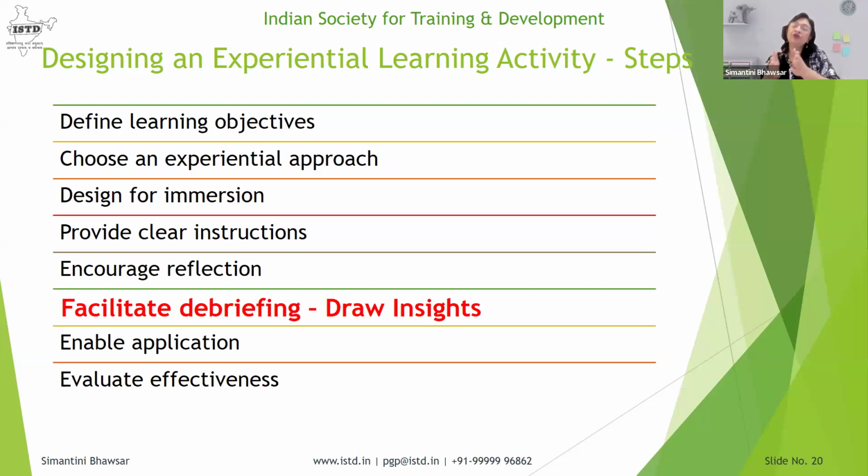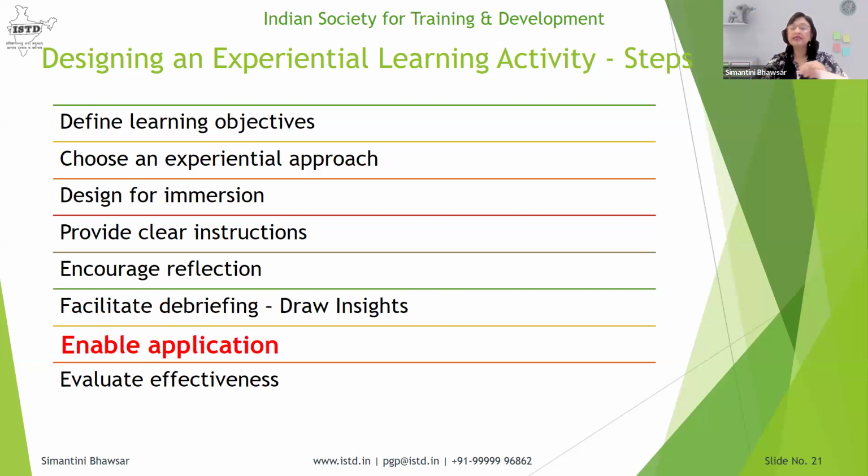What am I going to do differently as a listener? This is what they should have. That is the enable application part. So you encourage reflection, facilitate debrief, and enable application. All this is a very important part of your reflective observation hope cycle.